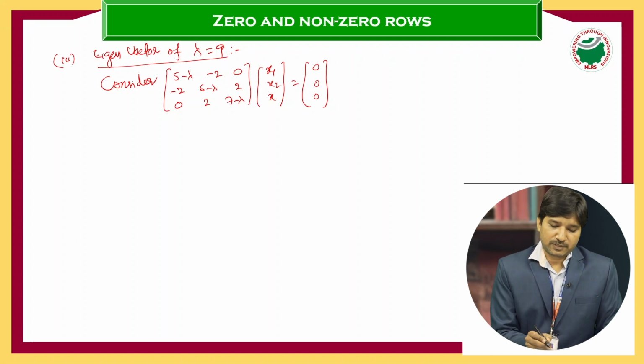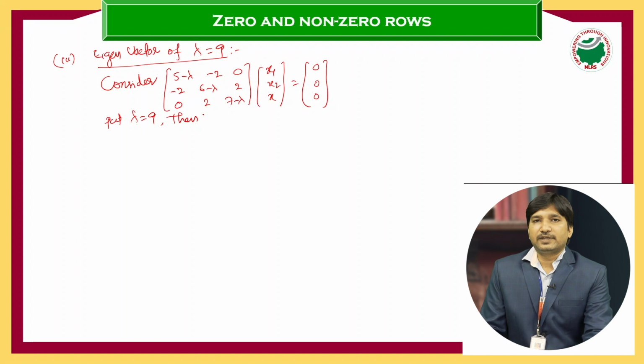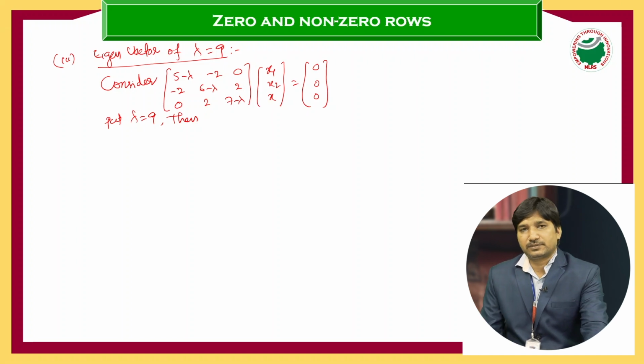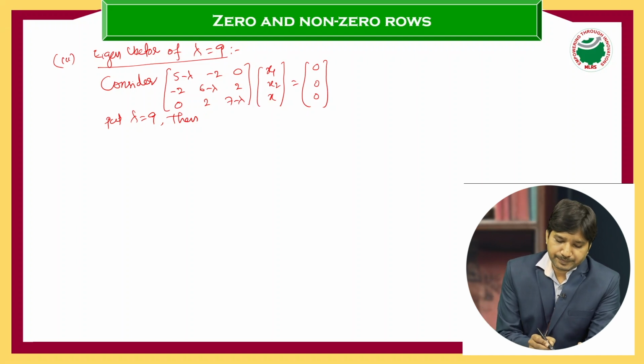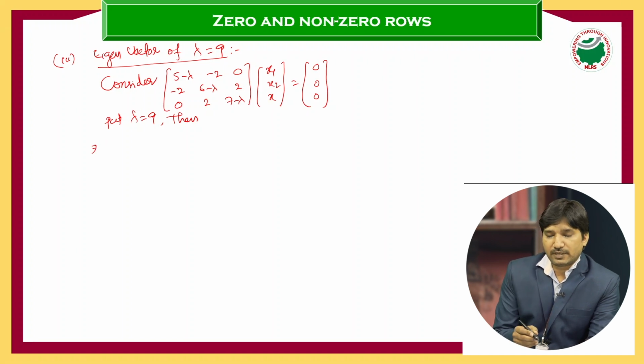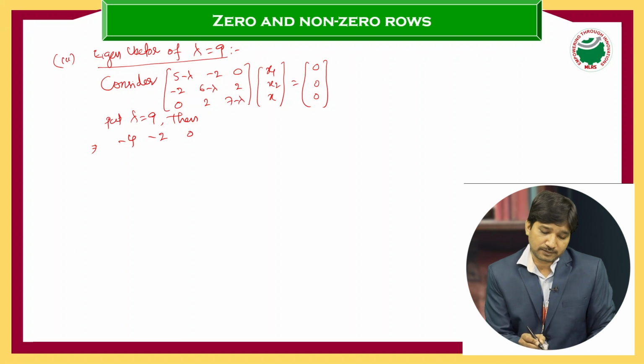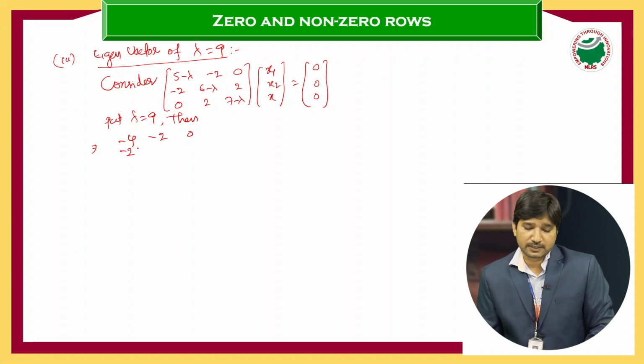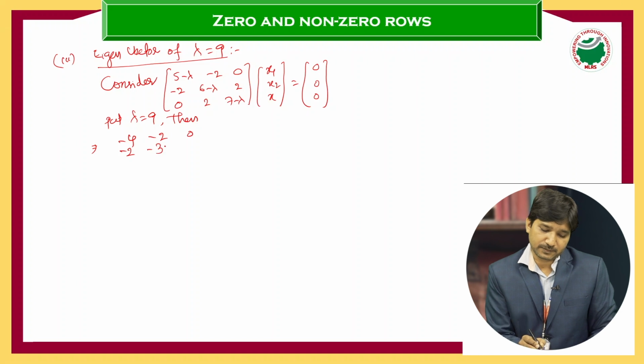So now substitute lambda equal to 9 in the given matrix A minus lambda I. 5 minus 9 is minus 4, minus 2, 0; then minus 2, 6 minus 9 is minus 3, 2; then 0, 2, and 7 minus 9 means minus 2.